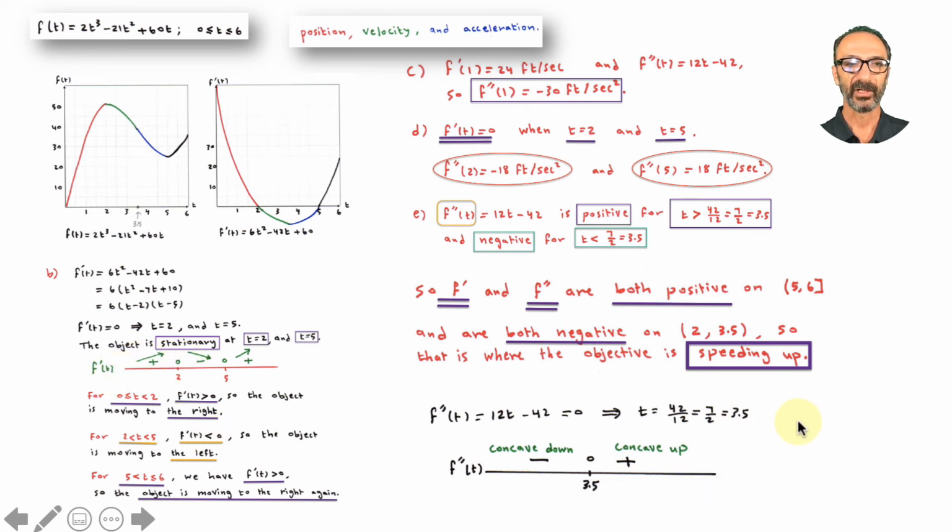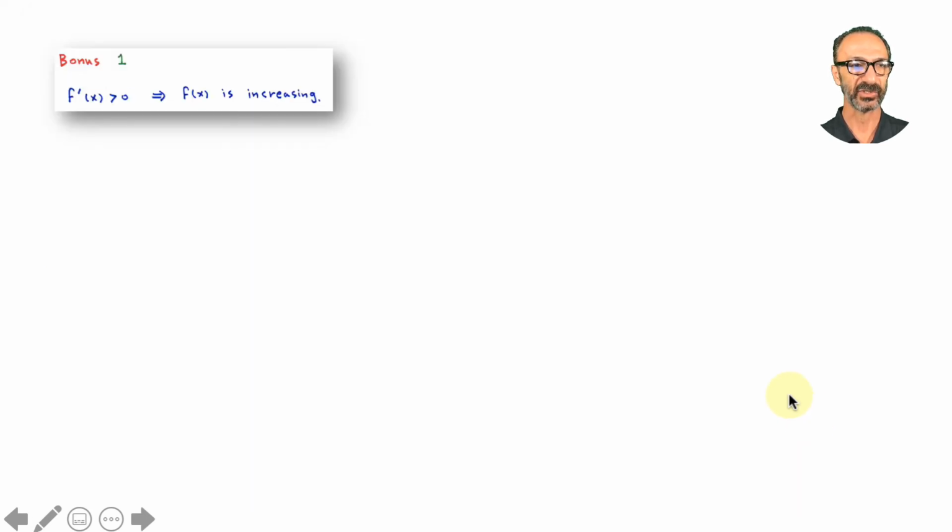So let me summarize that and make it more as notes this time. I'm adding more to this section, and it doesn't hurt because calculus is so much connected, and the more that you know, that's going to help you with the coming sections. Bonus number 1. F prime of x greater than 0.